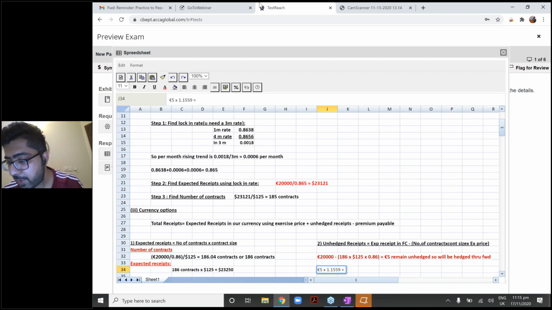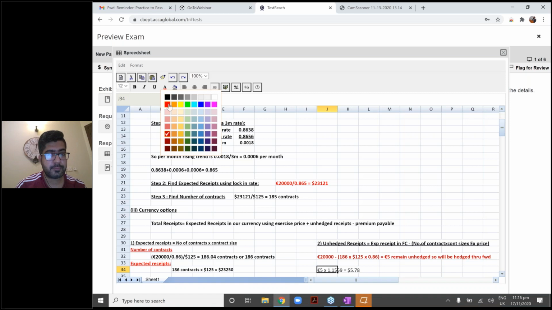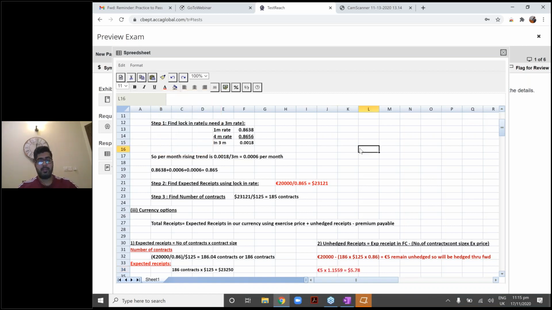So 5 multiplied by 1.1559. It's 5.78. Now, why did we multiply this in option?